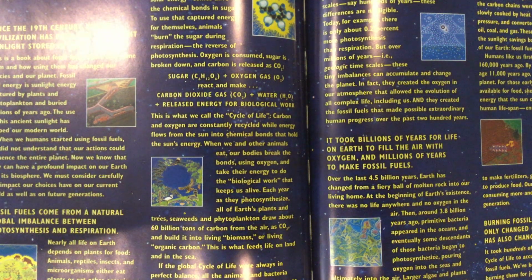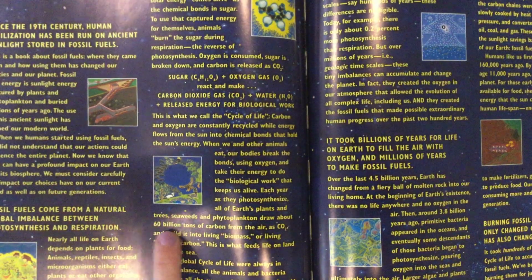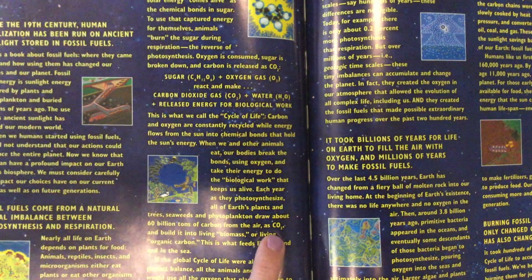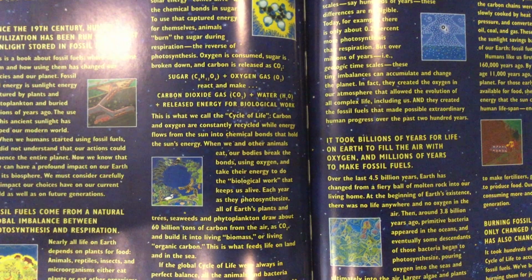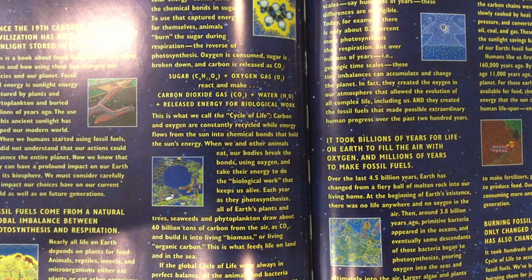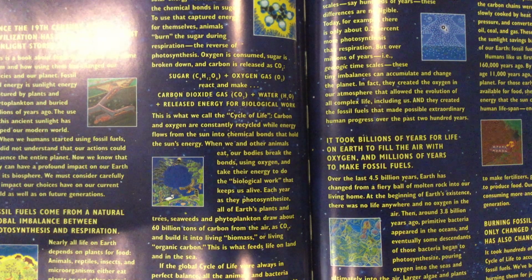Each year, as they photosynthesize, all of Earth's plants and trees, seaweeds, and phytoplankton draw about 60 billion tons of carbon from the air as CO2 and build it into living biomass, or living organic carbon. This is what feeds life on land and in the sea.